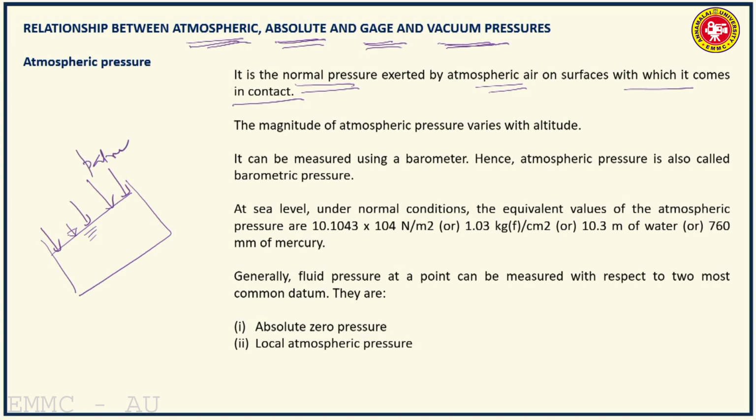The atmospheric pressure acts, perpendicular to the free surface. The pressure exerted by atmospheric air on the surface of the liquid with which it comes in contact is the atmospheric pressure. Now, the magnitude of atmospheric pressure varies with altitude.